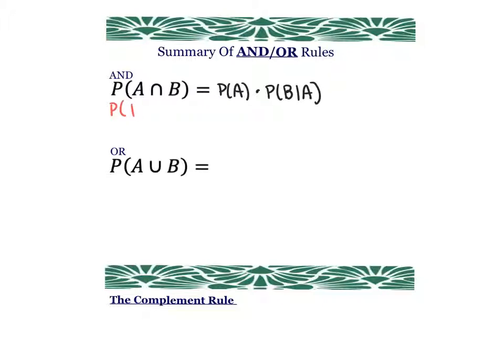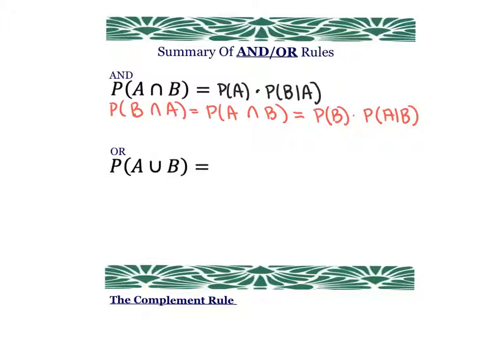So the probability of B and A is the same thing as the probability of A and B, which would mean I have the probability of B times the probability of A given B, if I prefer that order.